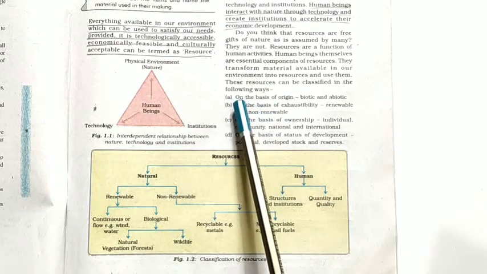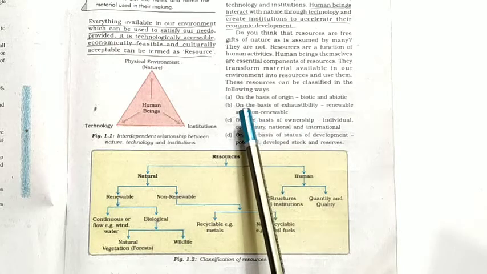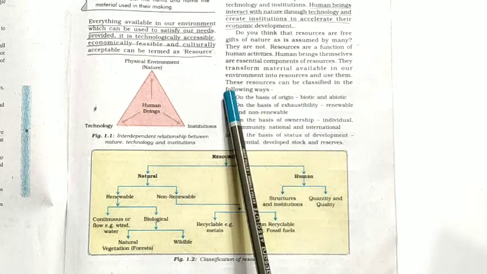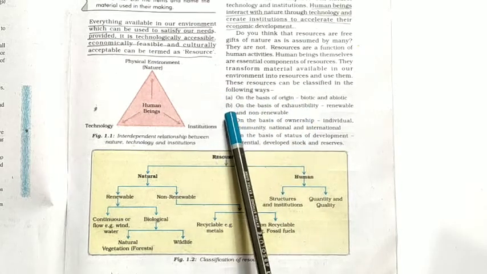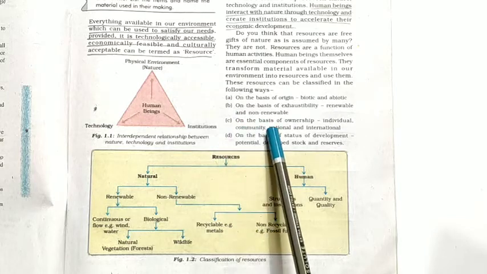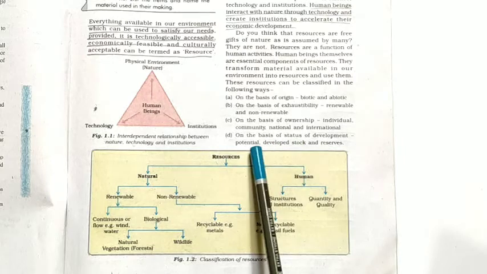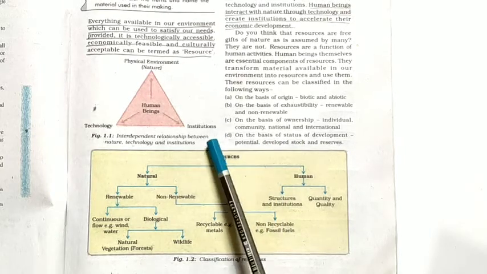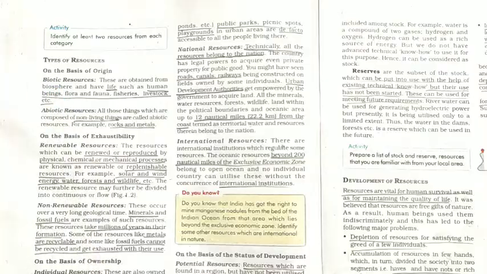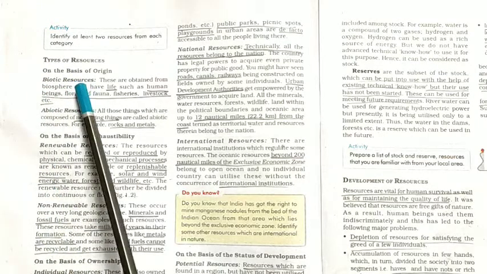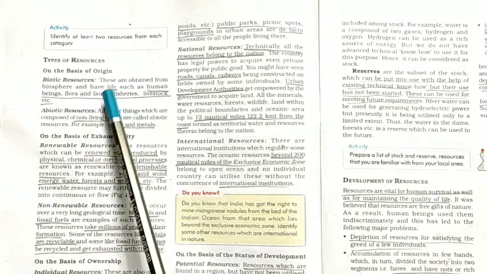Here you can see that the basis of origin and the basis of exhaustibility are natural, and the basis of ownership and the basis of status of development are based on human activities and human resources. Now moving on to types of resources, first we will discuss on the basis of origin.